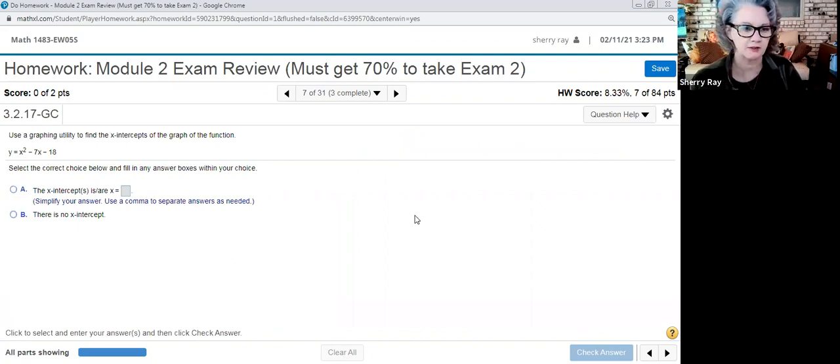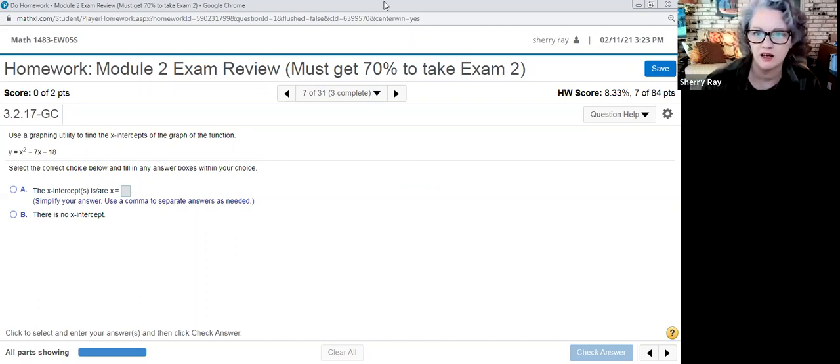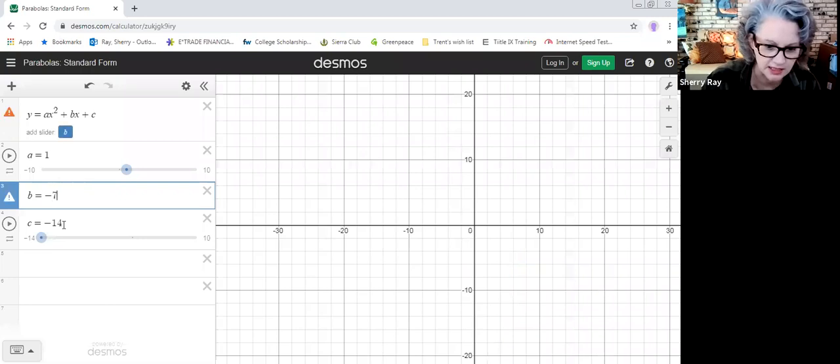Use a graphing calculator to find x-intercepts. Again, just go to your calculator. Here we have x squared minus 7x minus 18. So I'm going to go to Desmos, and I have x squared minus 7x minus 18.